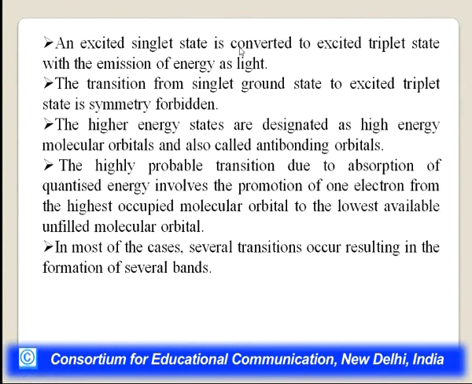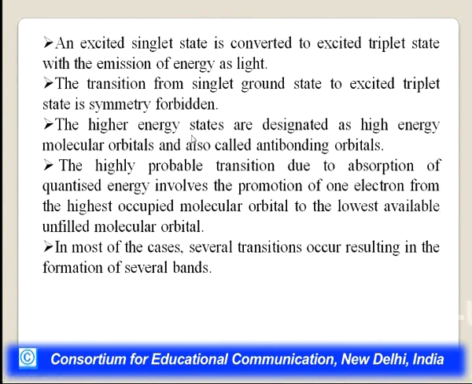The excited singlet state is converted to the excited triplet state with the emission of energy, or we can say light. The transition from the singlet ground state to the excited triplet state is forbidden because the spins of the electrons have to change from singlet to triplet.